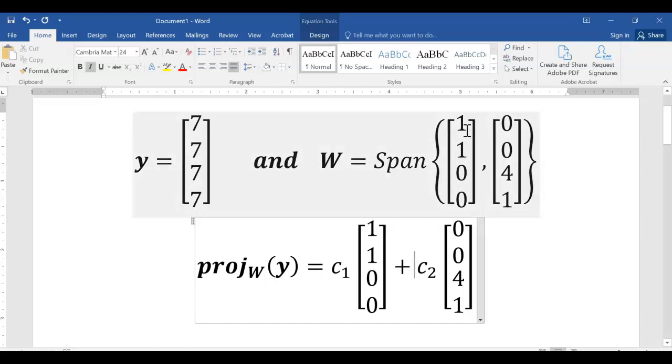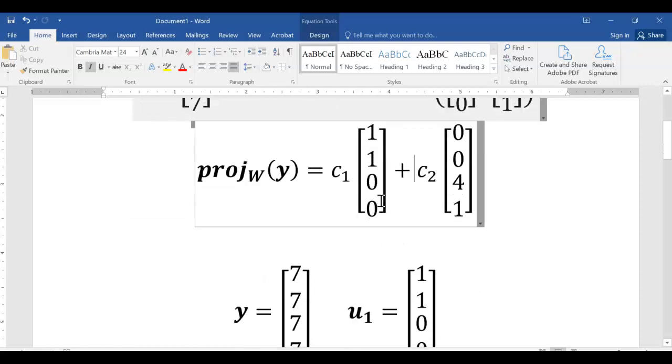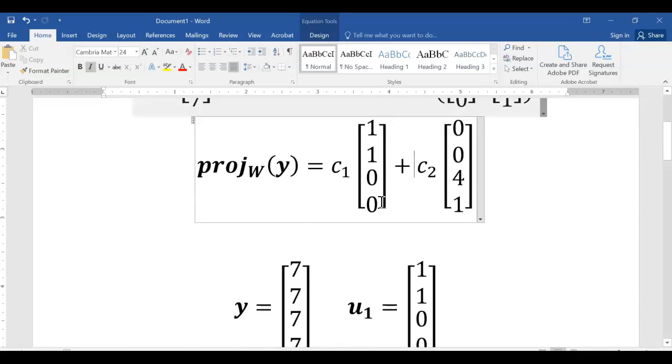Now, notice I do want to point out again that these 2 vectors in W form an orthogonal basis. This does not work if the basis is not orthogonal. So since we have an orthogonal basis, 1, 1, 0, 0 and 0, 0, 4, 1 are orthogonal to each other, I can do this trick. So let's find the coefficient C1.